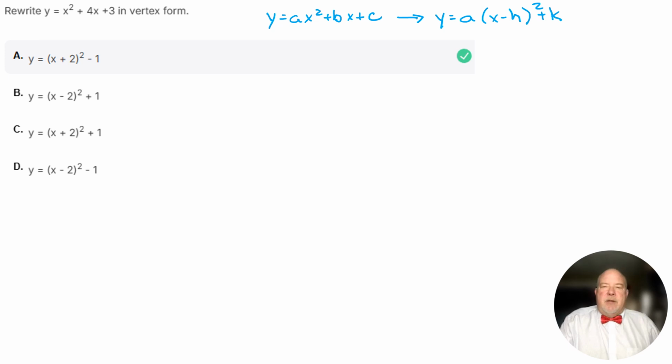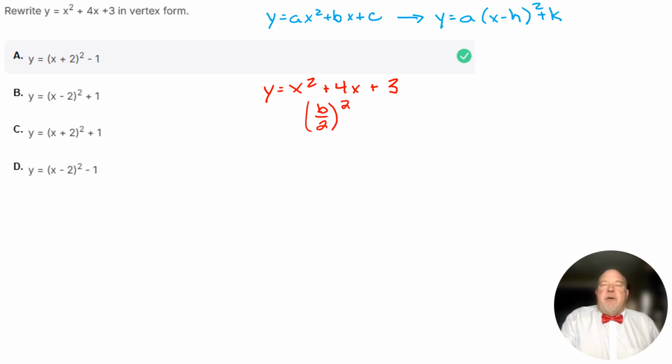So let's start off with our equation. We have y equals x squared plus 4x plus 3. And I want to create a perfect square trinomial by completing the square. The way you do that is by taking your b value, dividing it by 2, and then squaring that.